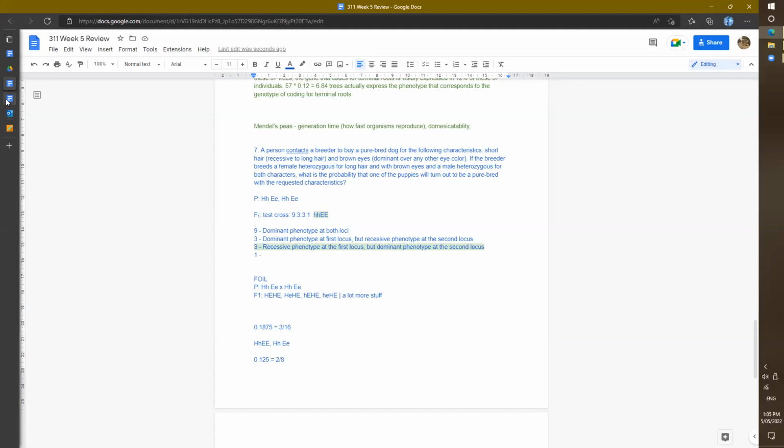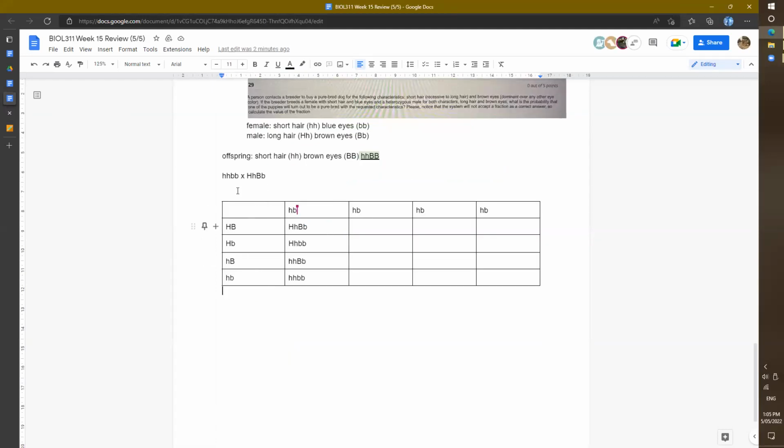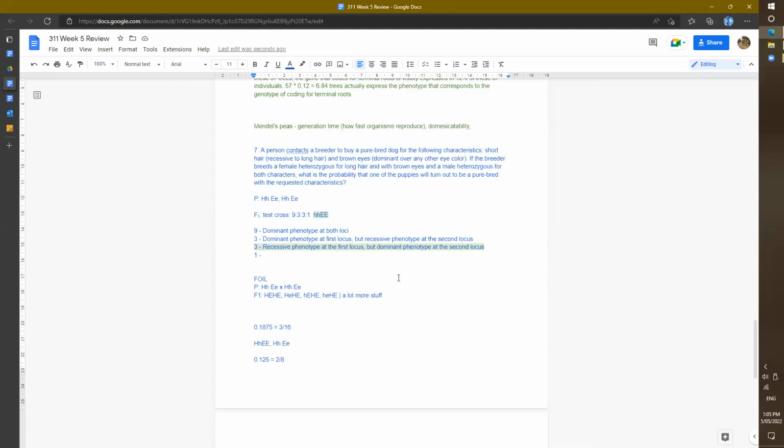And instead of having to make this table and do the crosses ourselves, we know that a cross between two entirely heterozygous individuals is a special kind of relationship. It's known as the test cross, and it produces our very memorable 9:3:3:1 ratio of phenotypes among our offspring.